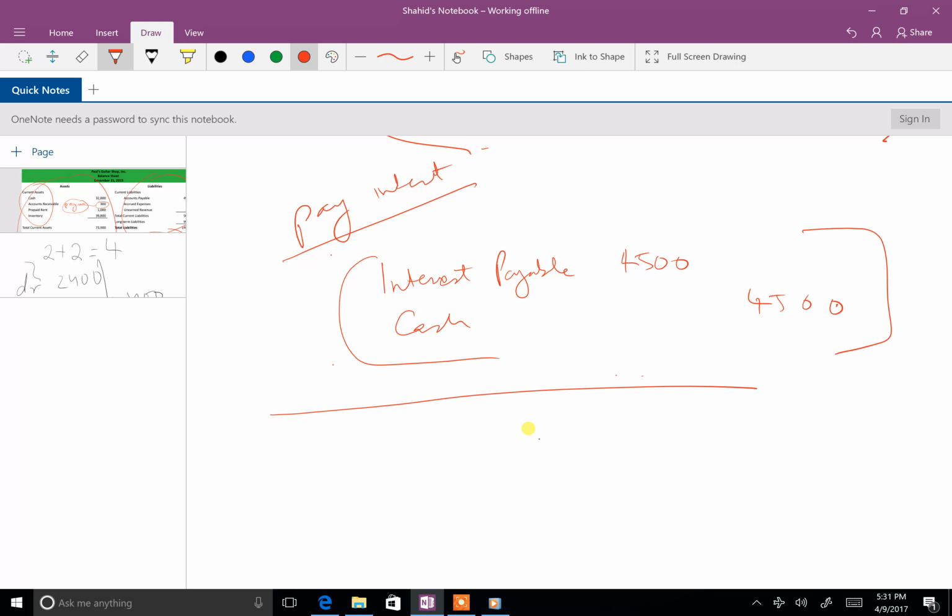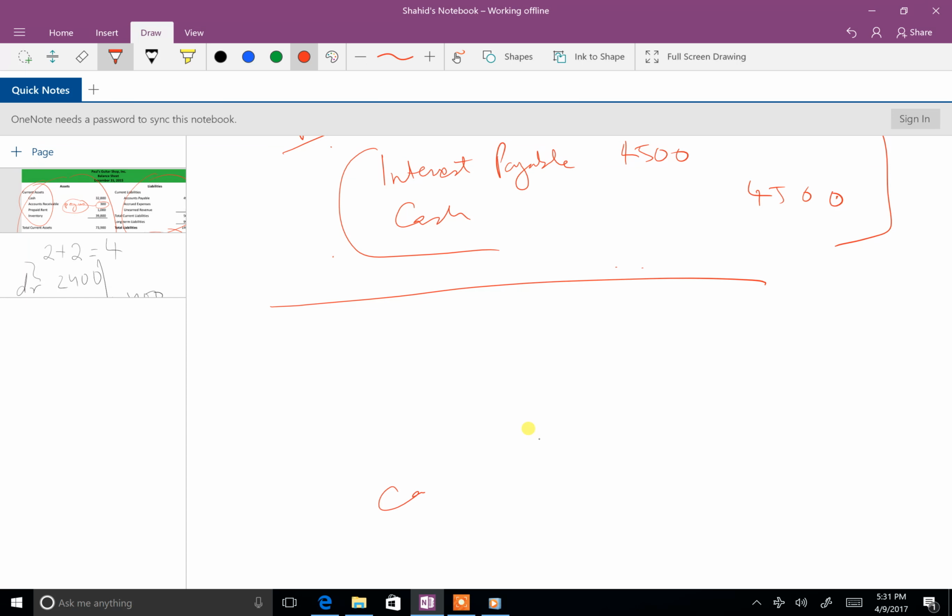Or you can do this one big entry, which is cash for the whole 204,500, which includes the principal and interest.